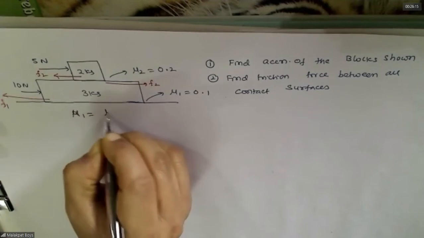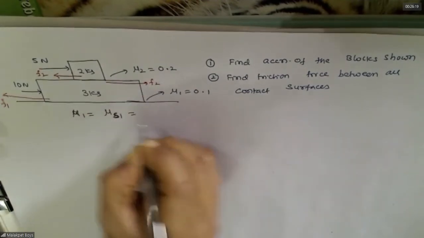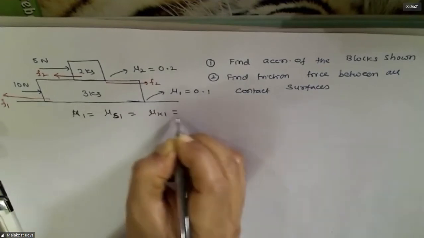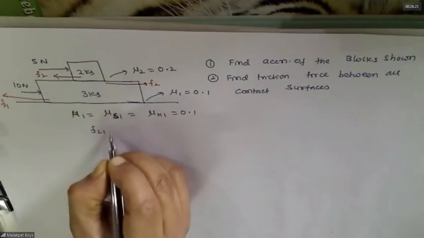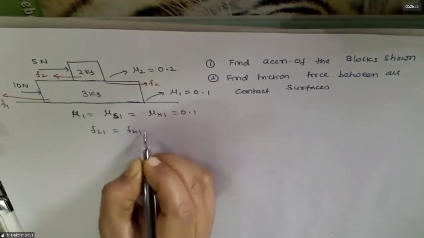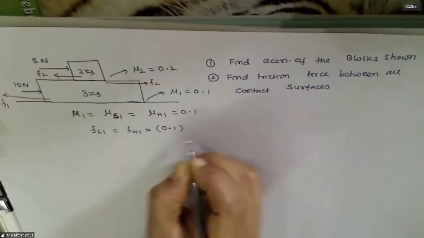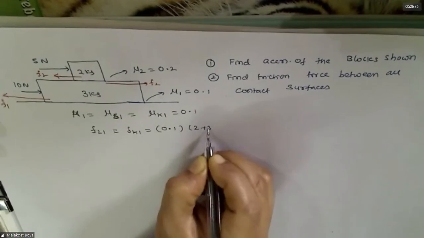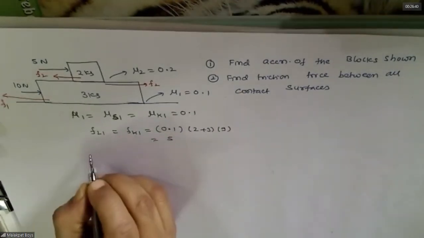Mu1 is nothing but mu s. That is also equal to mu k1 only, no? So obviously the limiting frictional force is mu times 2 plus 3 into G, 5.